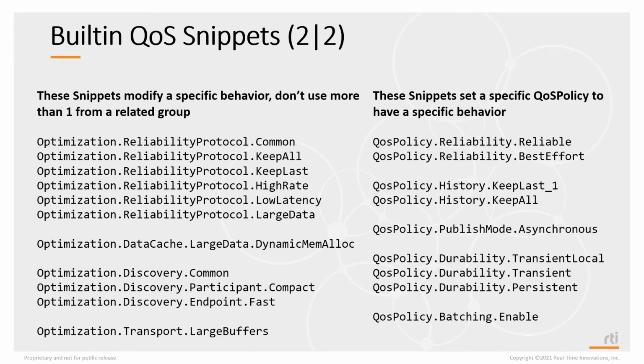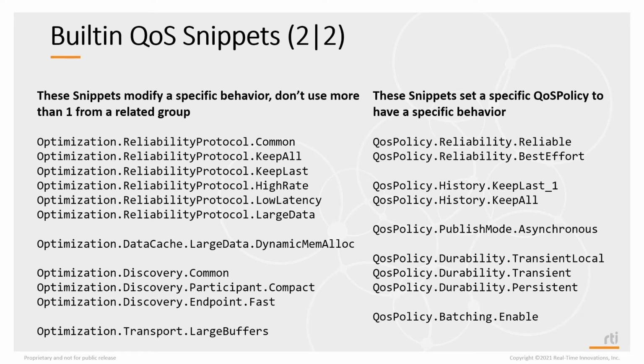And then we have some other QoS policies to specify a particular behavior. Do you want to turn on reliability, or do you want to turn off reliability, that's reliable or best effort? Do you want history to be set to keep all or to keep last? Then, if you want to have asynchronous publishing, you could compose your application.